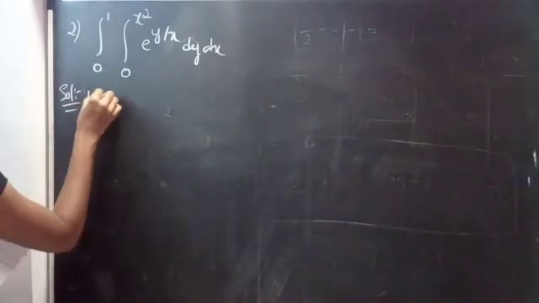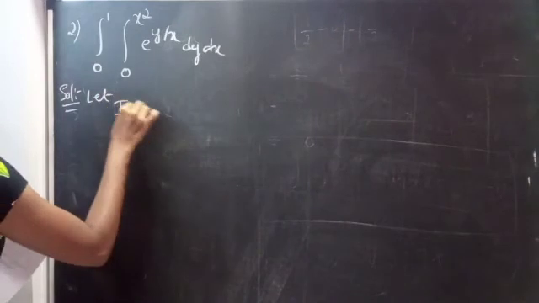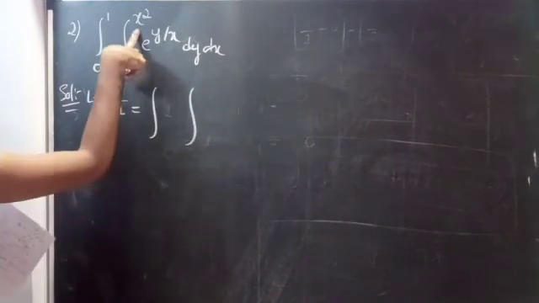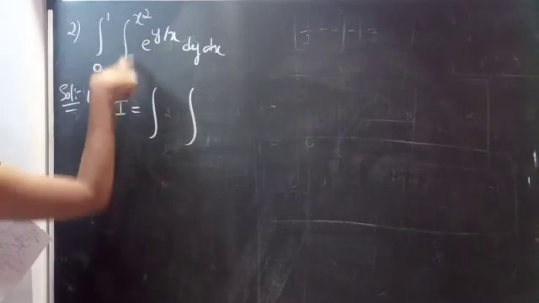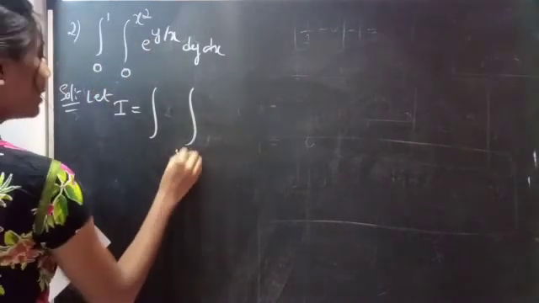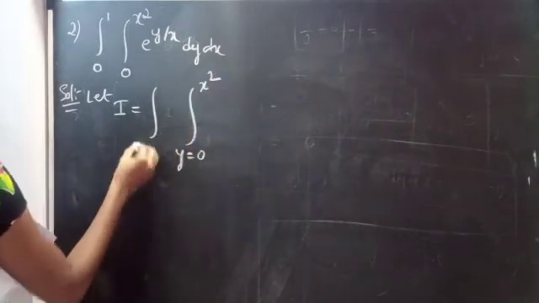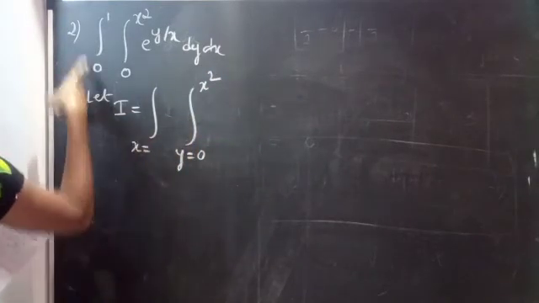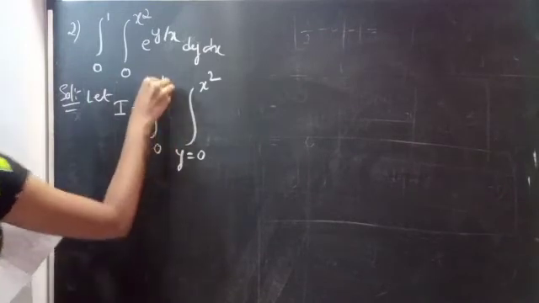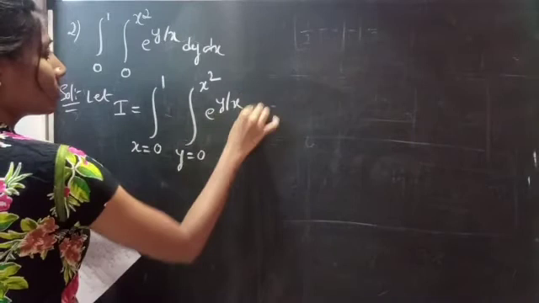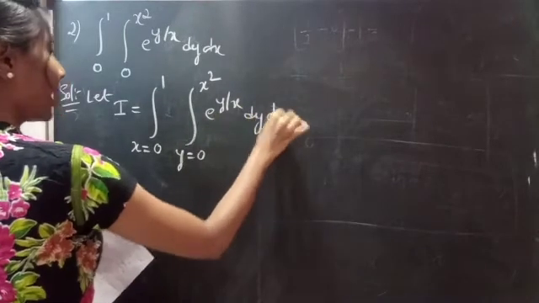Let I equal to integral. Since you have functions of x, this is for variable limit y: y equals 0 to x square, x equals 0 to 1, into e power y by x into dy dx.